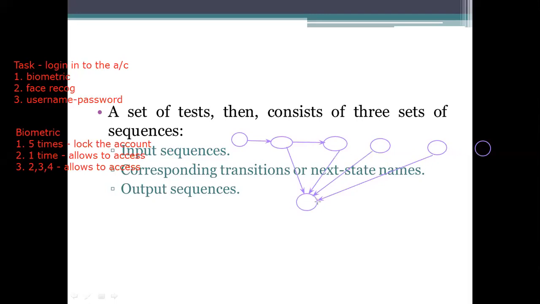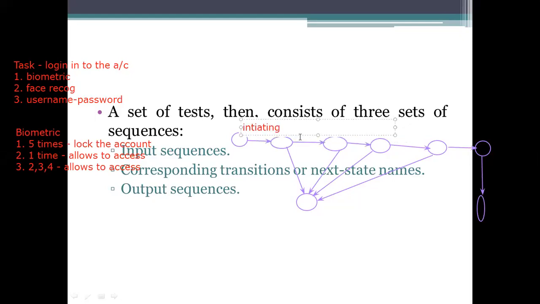But at the fifth state, it won't be accessed. You need to consider a new state, the account locked state. In this representation, this is the initial state, where we are initiating our process.